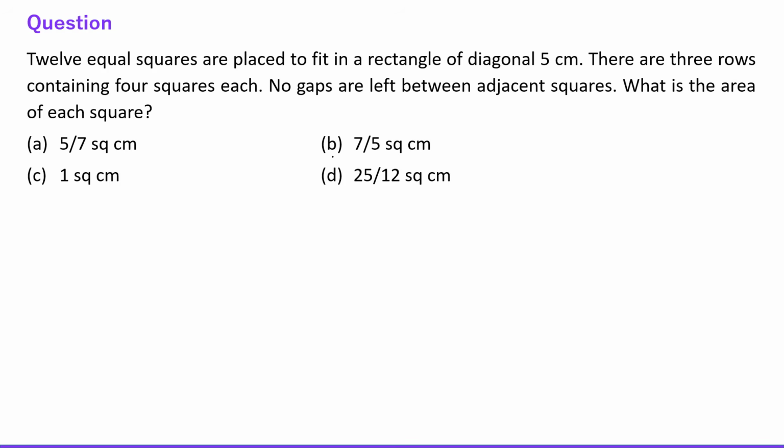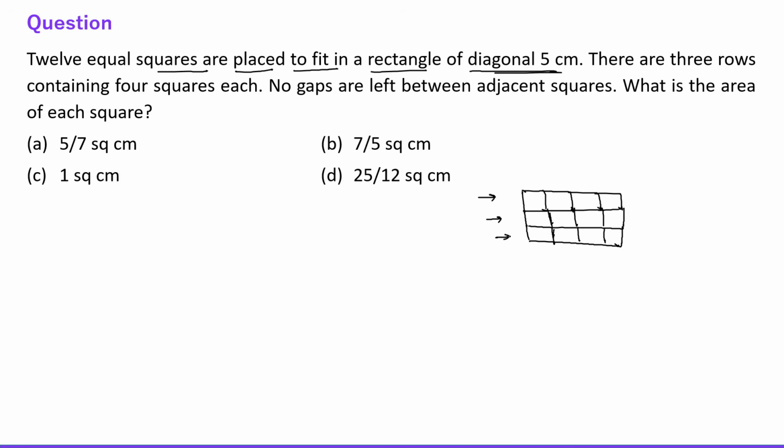Next question is, 12 equal squares are placed to fit in a rectangle of diagonal 5 centimeter. There are 3 rows containing 4 squares each.